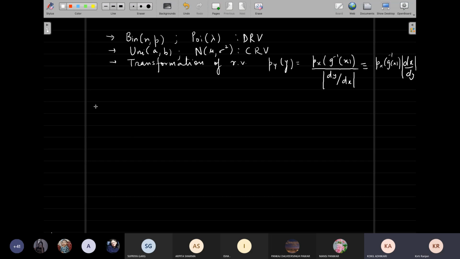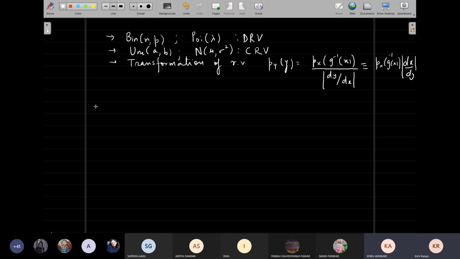Okay. So in unit 2, we are basically doing certain important distributions. We did discuss binomial and Poisson under the discrete ones, and uniform and normal distribution under the continuous random variable portion.